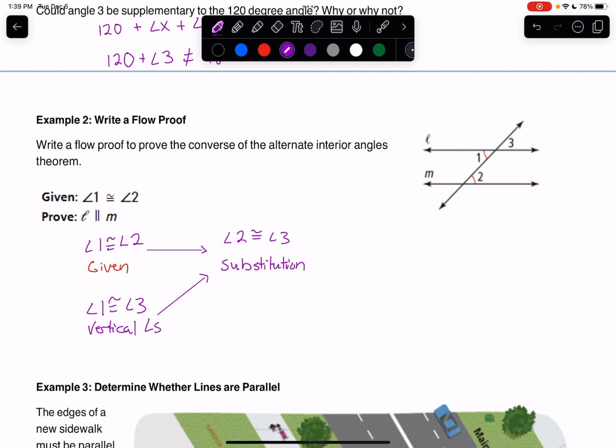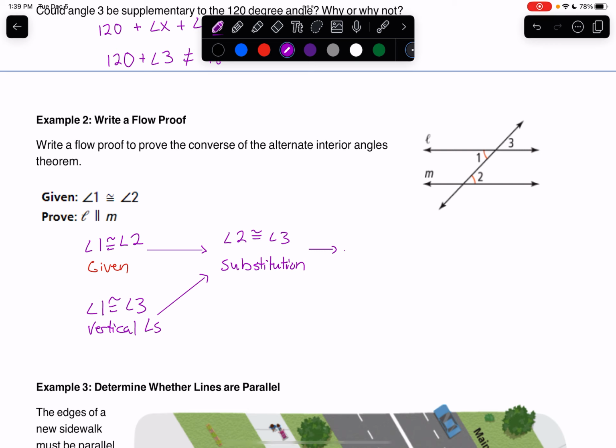And because those are congruent by substitution, I can say, wait a minute, angle 2 and angle 3 happen to be corresponding angles on those parallel lines. And I know that corresponding angles on lines mean that the lines are parallel. I know that if the corresponding angles are congruent, the lines are parallel. So finally, I can say, hey, 2 and 3 are congruent.